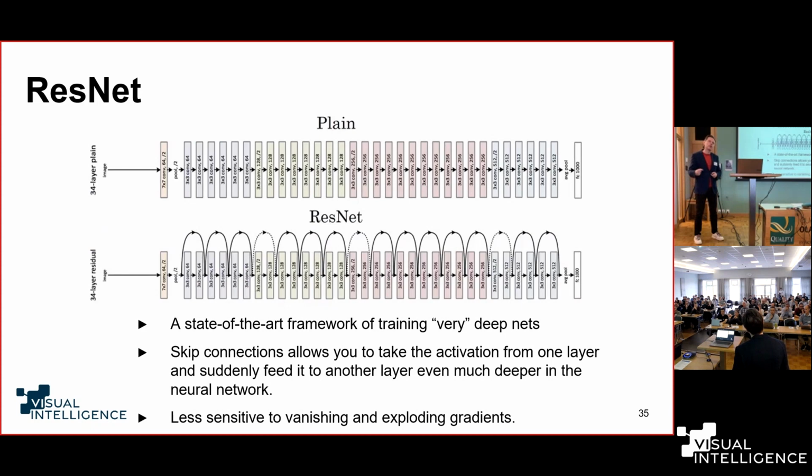And even more importantly, it also allows the backpropagation to propagate the gradients from the output back to the input in much fewer steps, which is very beneficial because then it was much less sensitive to something called vanishing gradient, meaning that it just died out, it didn't change anymore, or exploding, where everything went totally wrong. So that was a really, really good invention.